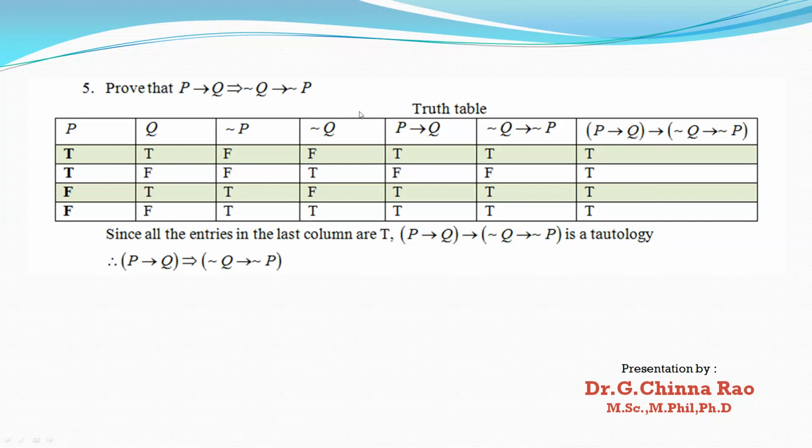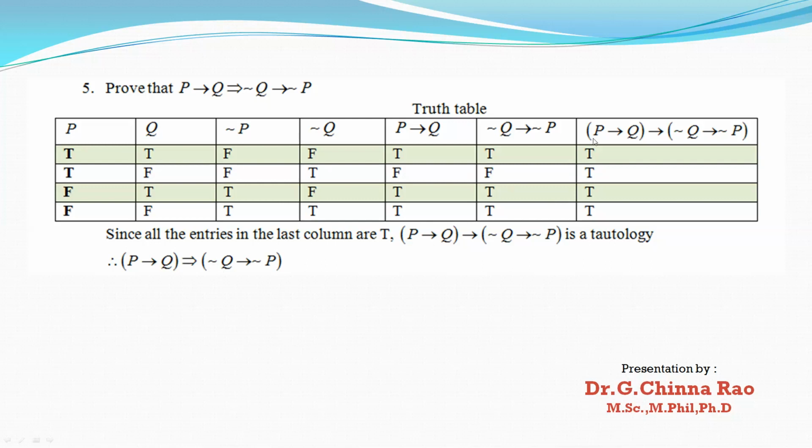As per the definition, P conditional Q is false when P is true and Q is false. You have to remember: true, true, true, false, false, true, true, true, true, true, true, true. And also observe that P conditional Q, and negation Q conditional negation P have identical truth values.